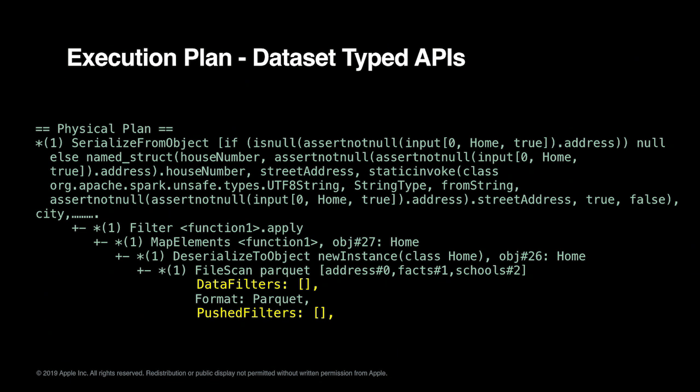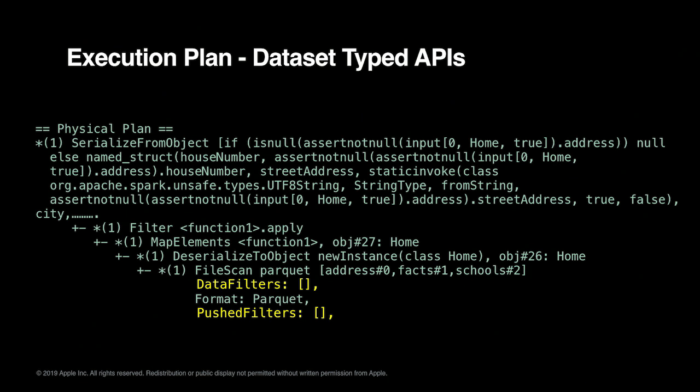So there's a cost over here. And then you apply the filter function, which is also another Lambda function. And then finally, we need to serialize it back into the Spark internal format so that Spark can do further execution. So look, this is so expensive. You look at all the conditions, convert from POJO, and put it back into the Spark internal format. So the whole flow is really expensive.